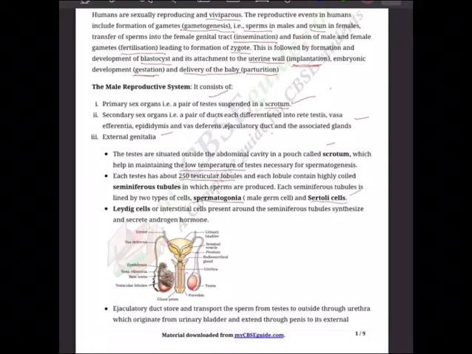This is one more question. Sertoli cells, what are the functions of that? And Leydig cells are interstitial cells present around the seminiferous tubules, and they synthesize and secrete androgen hormone. Leydig cells, testosterone. Sertoli cells, nutrition. So this is how you must remember.